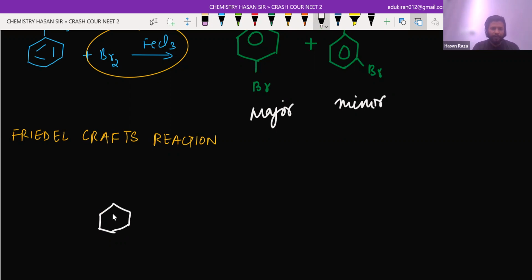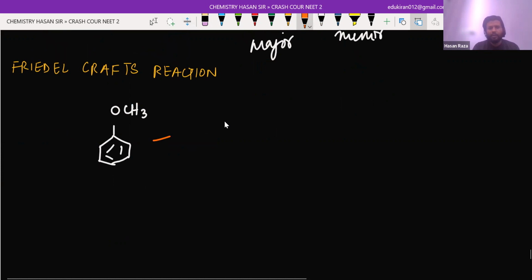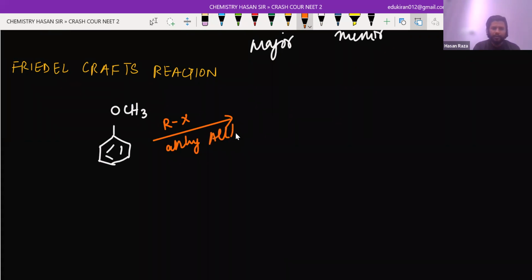And Friedel-Crafts reaction is of two types. One is Friedel-Crafts alkylation and another is Friedel-Crafts acylation. We also did this reaction in aromatic hydrocarbon. What was the reagent that we used? RX in the presence of anhydrous AlCl3.